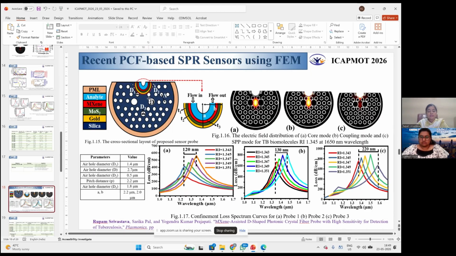The sensitivity has been improved by depositing the gold material at this semicircular area, so the distance between the core and the analyte has been reduced, and the sensitivity has increased because the coupling has been strengthened. Similarly, figure 1.16 A, B, and C represent the core mode, coupling mode, and SPP mode. And these results indicate the confinement loss for different analytes.